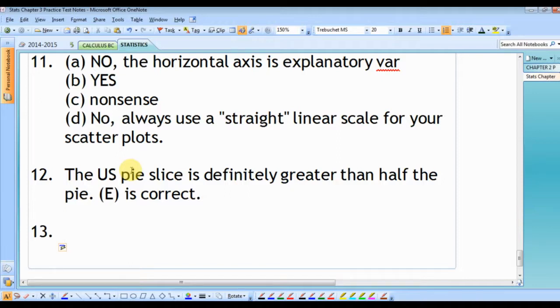Substitute the word ogive with cumulative relative frequency plot. The word ogive is a lot easier than saying that mouthful.